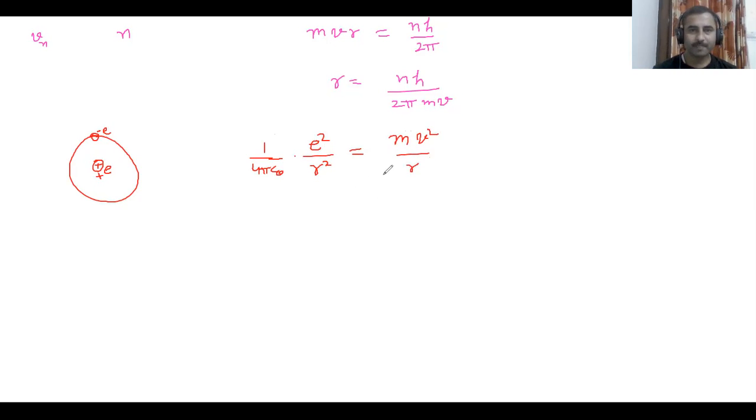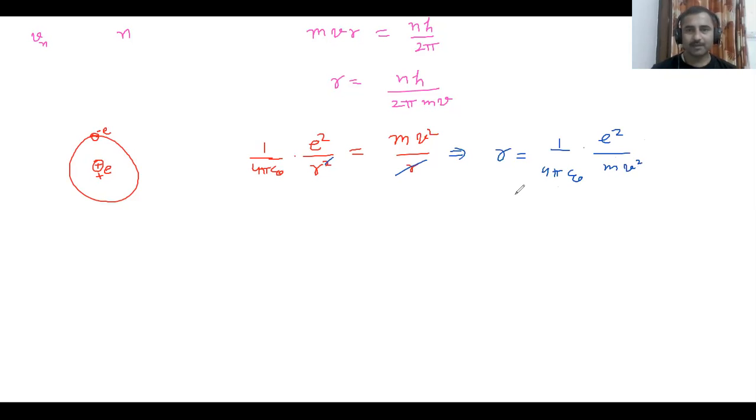Here we can see this r would be cancelled, and from this we have another expression for r, which is r equals to 1 upon 4 pi epsilon naught into e square on mv square.